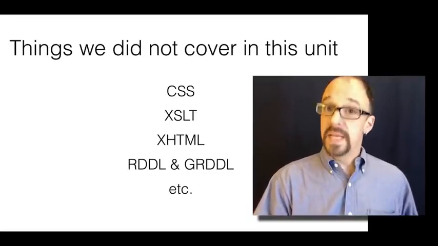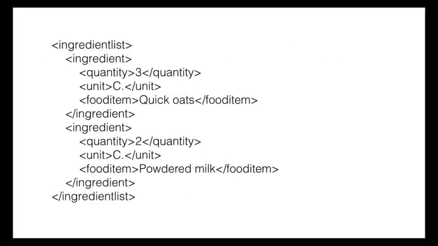So what did we do? First of all, XML allows you to create your own markup languages. It is a markup language in which you write markup languages. XML allows you to create your own markup language and define any elements you want, such as, for example, the one we looked at earlier in this unit, our recipe.